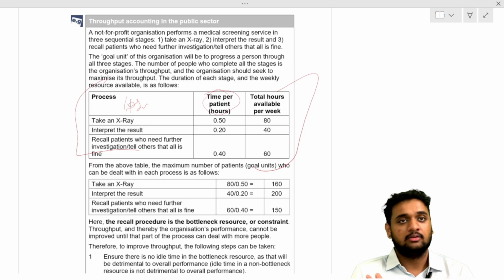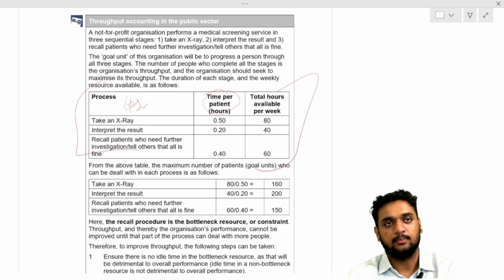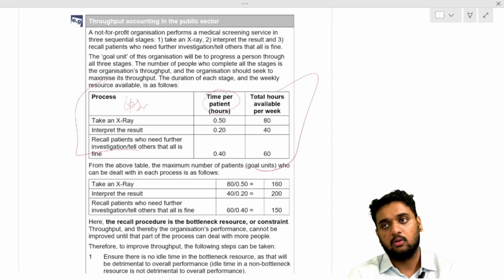Total how many hours are available? 80. Total how many X-rays can we take? There is nothing to get stuck here.